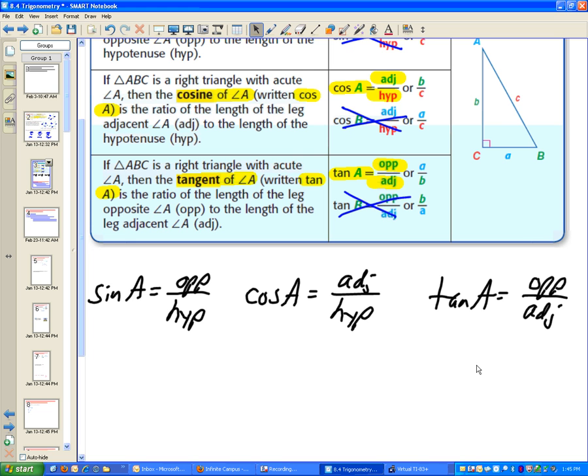All right, you've got to memorize those. You've got to memorize them today because we're going to use them and use them and use them and use them, and you've got to know them.